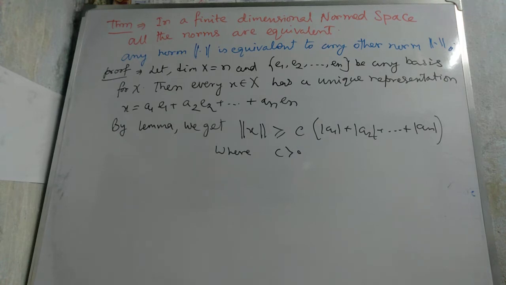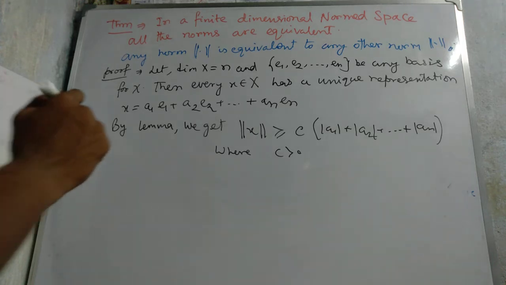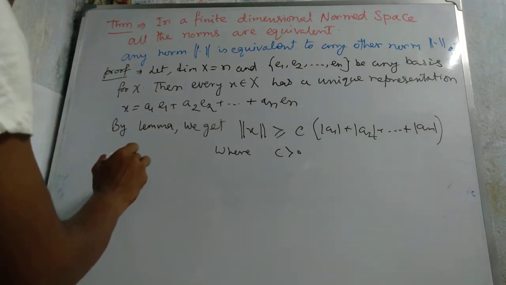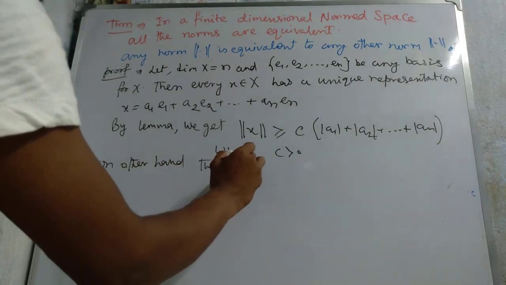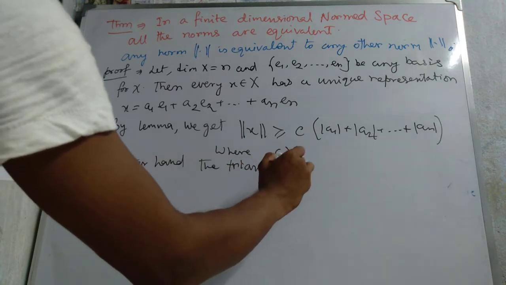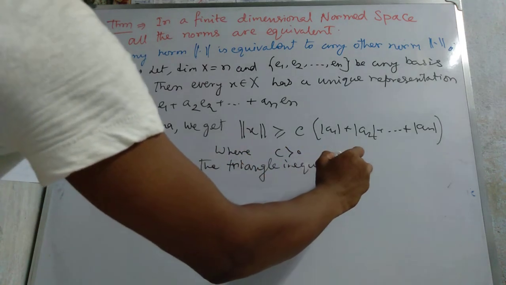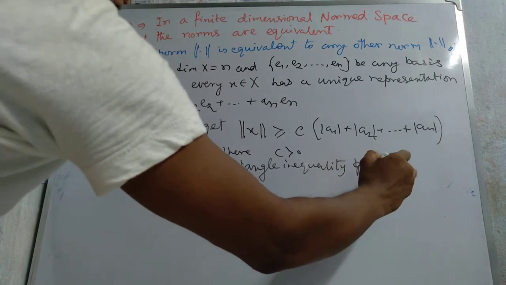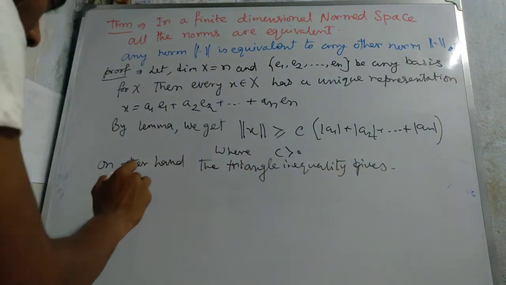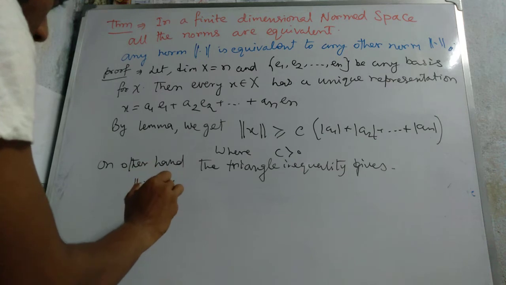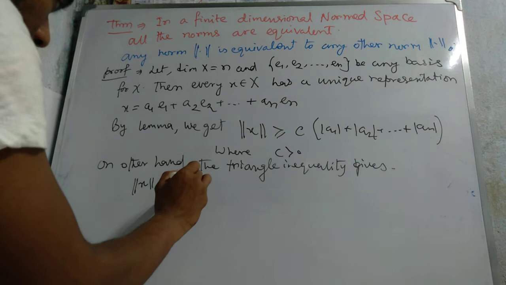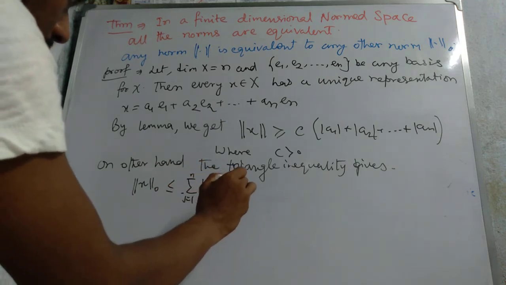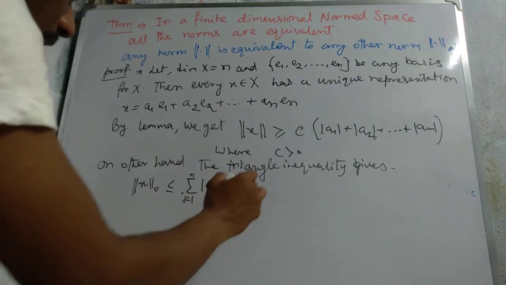On the other hand, the triangle inequality gives norm of x0 less than or equal to the summation j equal to 1 to n of norm of alpha j times norm of xj, or ej here.